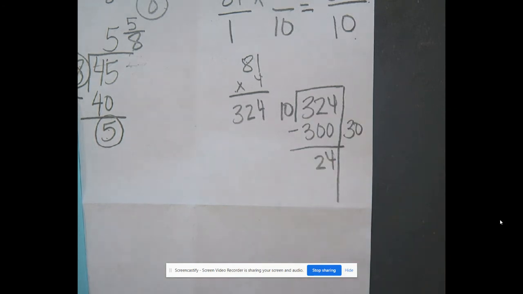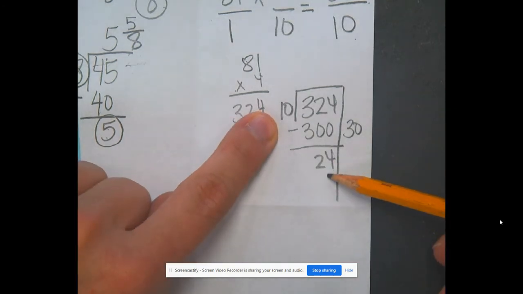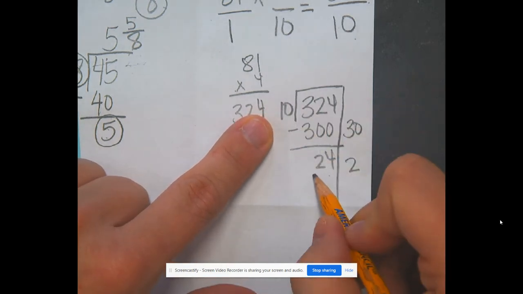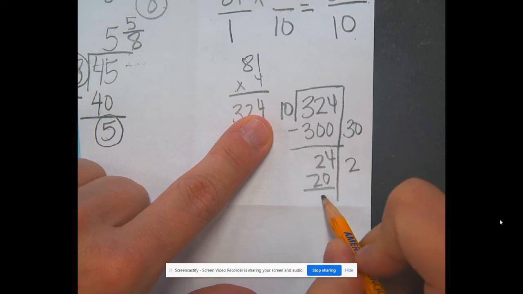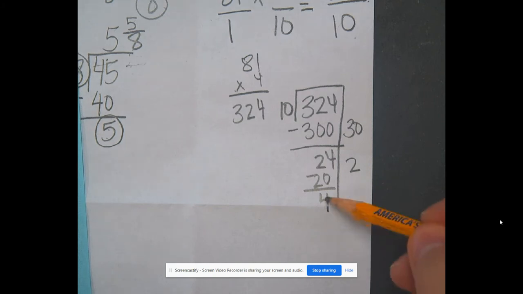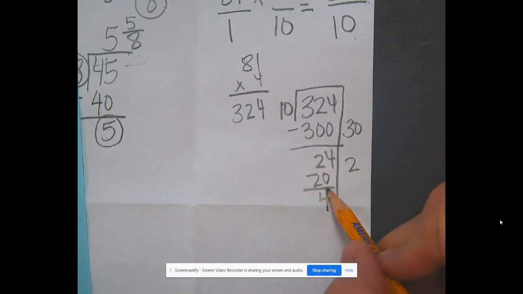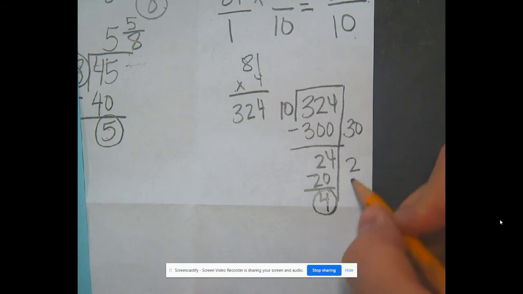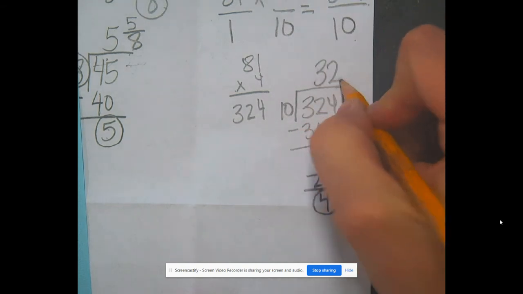Now, how many groups of 10 can I take out of 24? 2. 2 times 10 is 20. 4 minus 0 is 4. Can I take out another group of 10? No, so I know that's my remainder. We circle it so we know we're done. What's my whole? 30 plus 2 is 32.